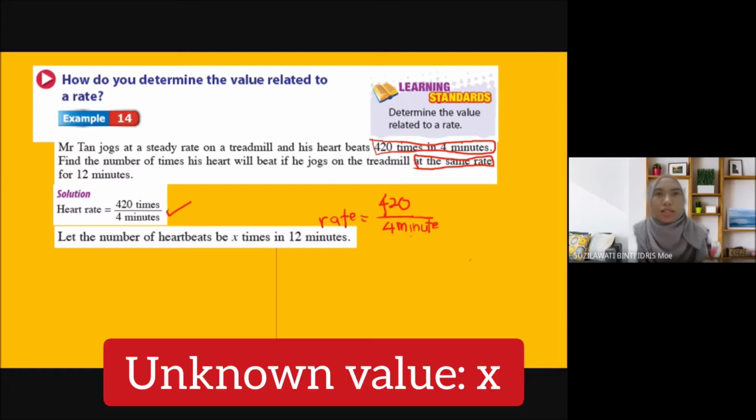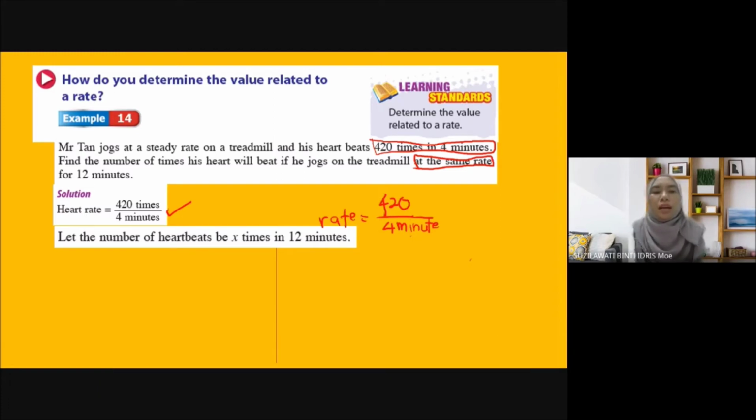Yes, the variable is x. Since we don't know how many times, we call it x. Kita tak tahu berapa kali, jadi kita panggil dia sebagai x, bilangan degupan jantung dia dalam 12 minit. Let the heartbeats be x in 12 minutes.